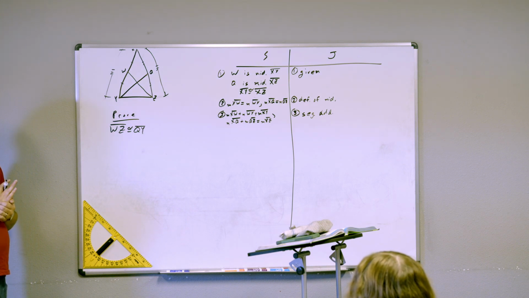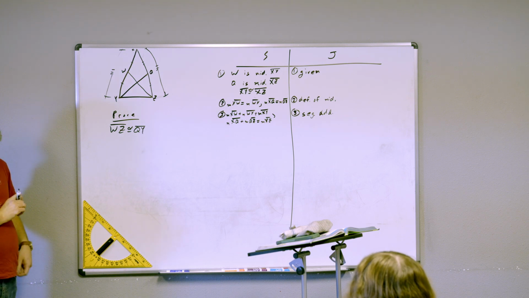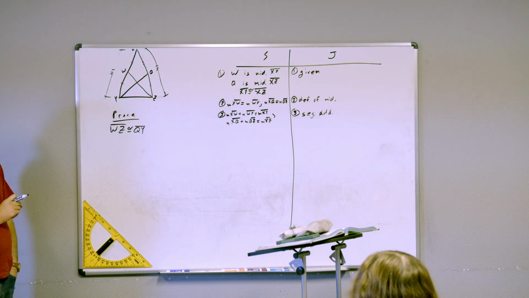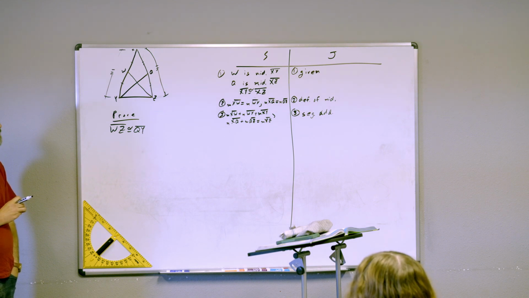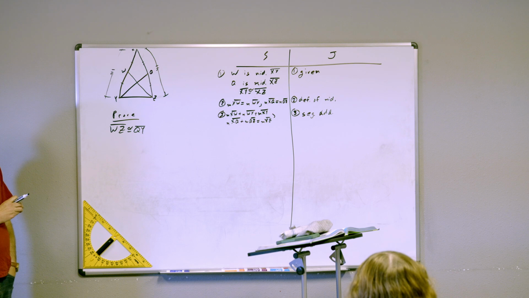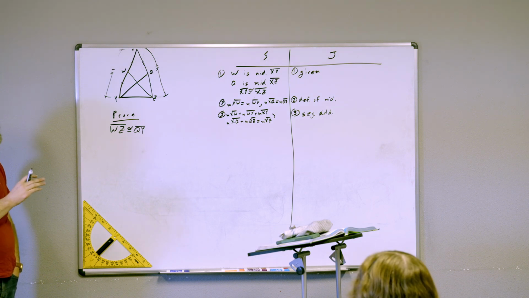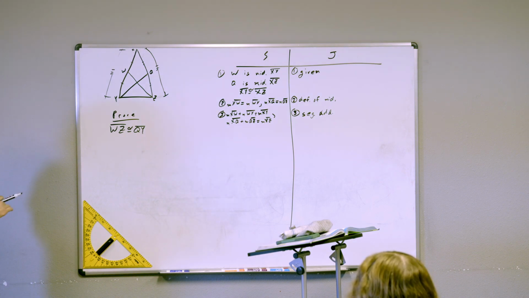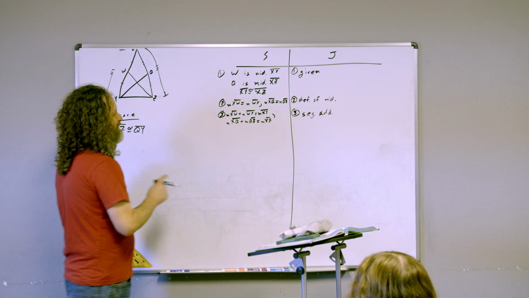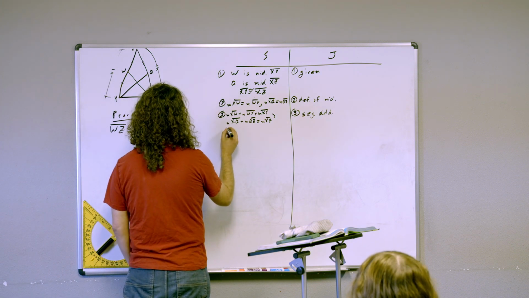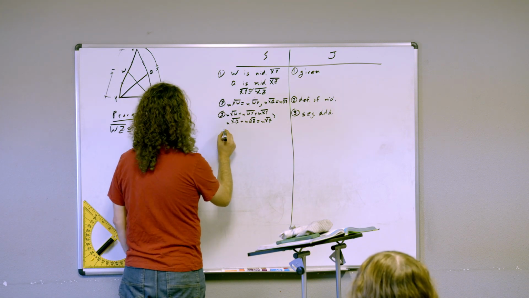Can we not just say XW plus WY equals XQ plus QZ through the transitive, because we already have that the big lines are equal and that the little lines plus the little lines equal the big lines? Technically, there's one thing you're not adding in there. But yes, we can.